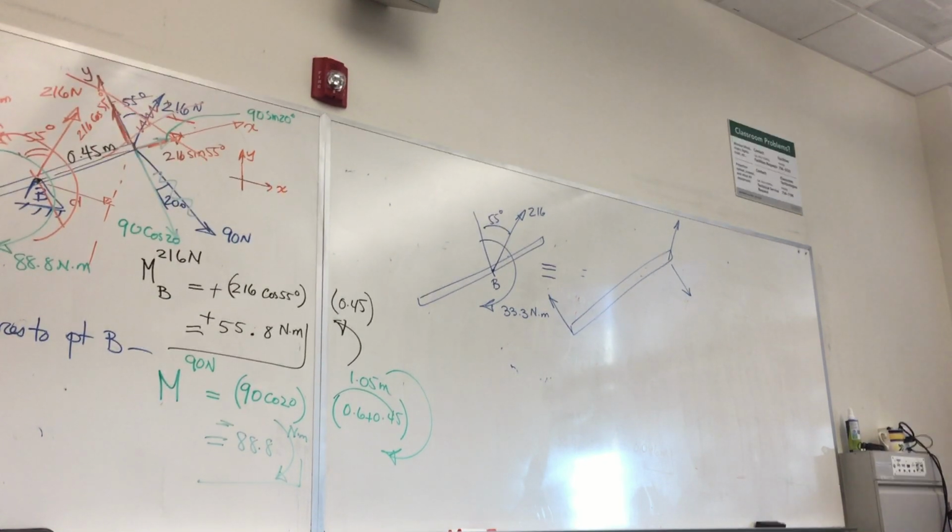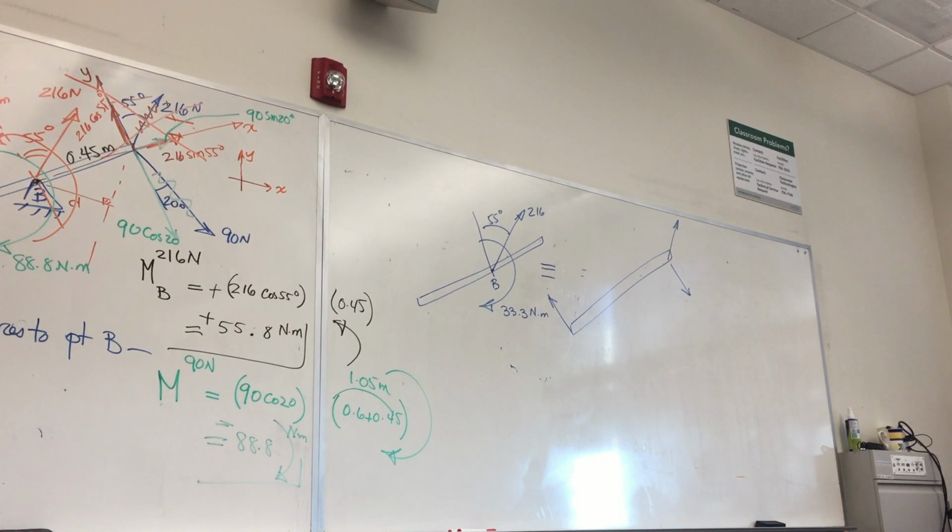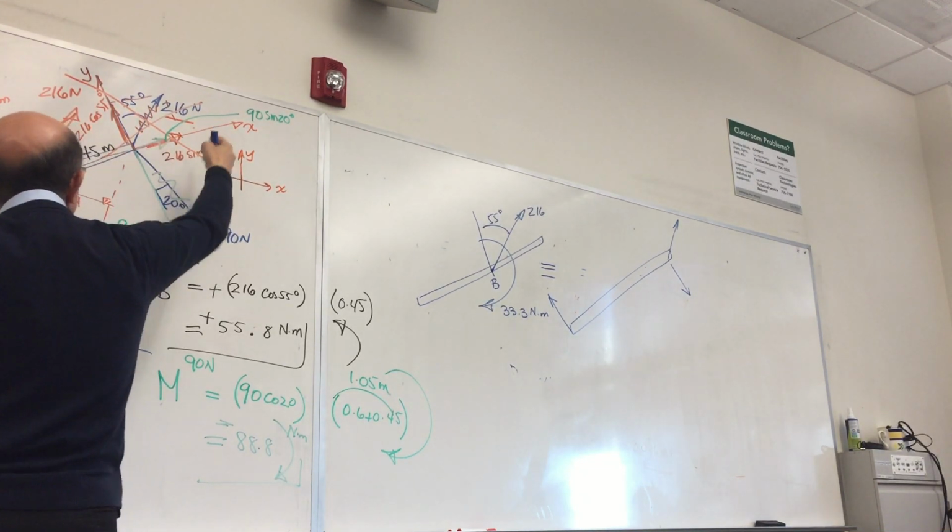Any other questions? No? Yes. Though the magnitude of the forces is canceled out, the moment stays. What do you mean the magnitude cancels out? Like the two forces cancel each other out. You mean these two? Yes. But the moment stays.